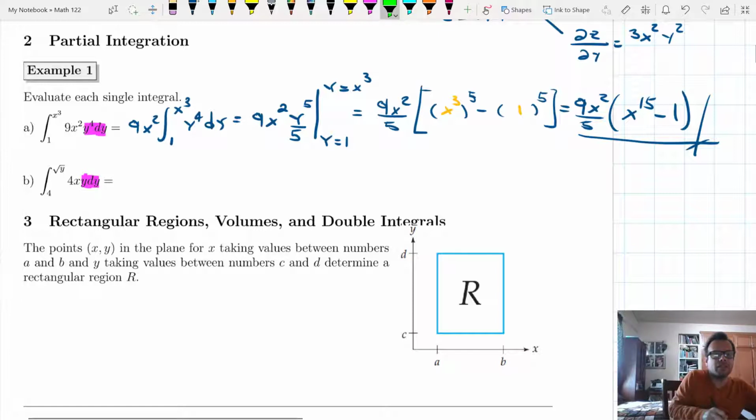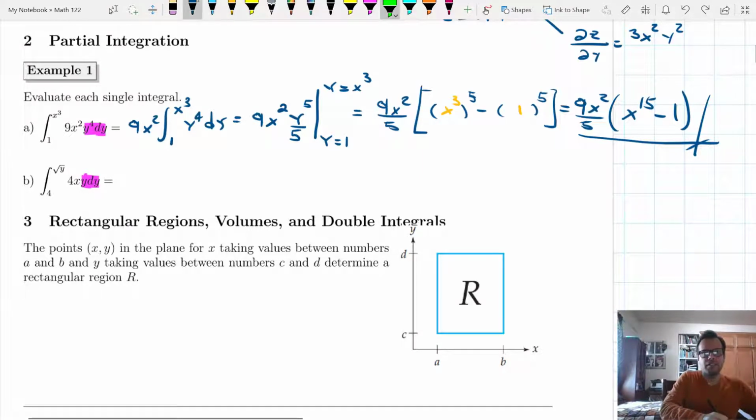And if we evaluate this from 4 to the square root of y, by the way, as opposed to other integrals that you have learned before, the limits of integration when it comes to double integrals could be just pure numbers, constants, or algebraic expressions that depend on y or x. We're going to look at different examples later in the lecture.